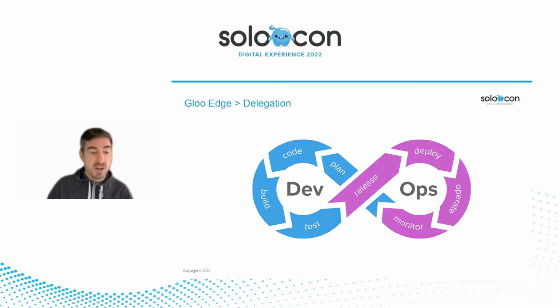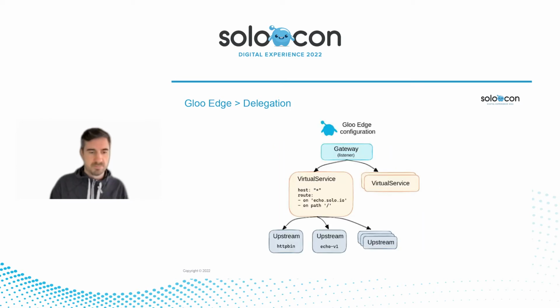Now let's see how we cover all this with Gloo Edge. If you are familiar with Gloo Edge, you will recognize the following resources. Those are key points. In a fully DevOps environment, you would not need anything else. The roles in your team will cover end-to-end.